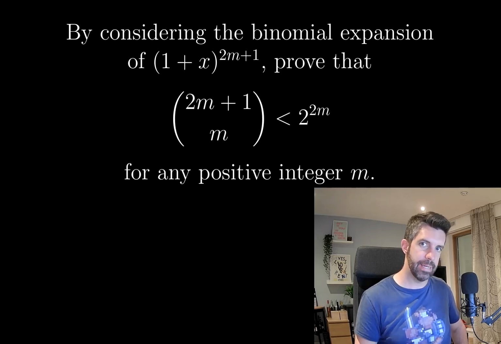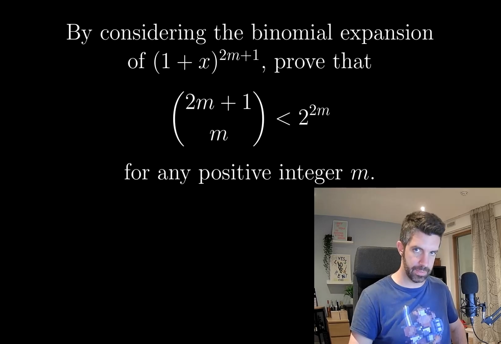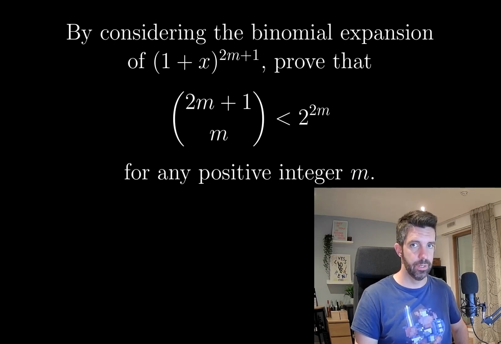Off the top of my head, I don't really know how this is all going to come together. First thing I'm going to do is just write out the binomial expansion of this term.